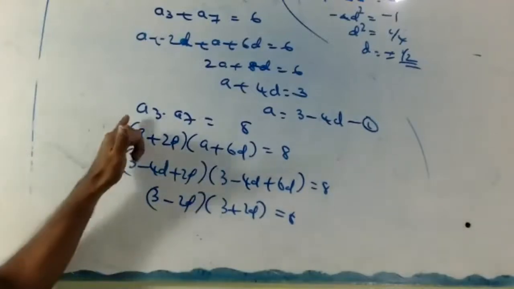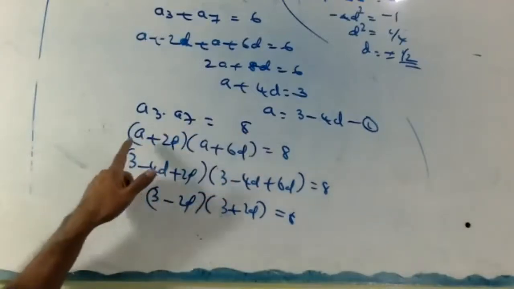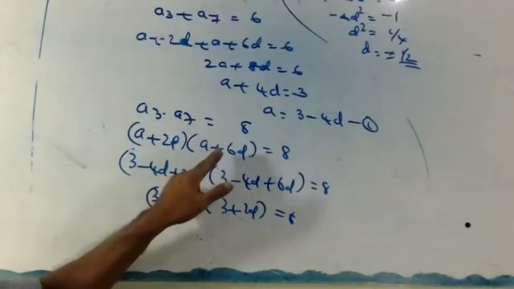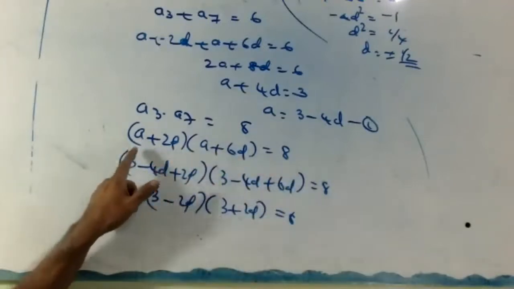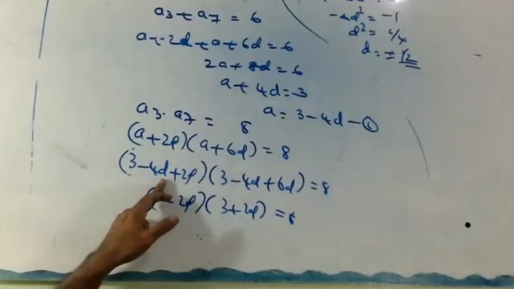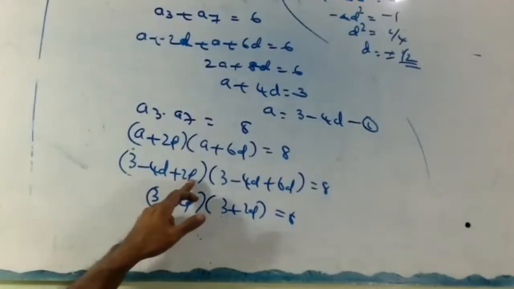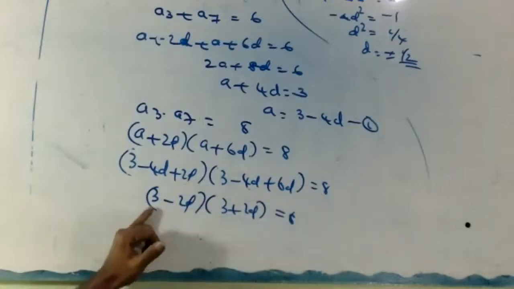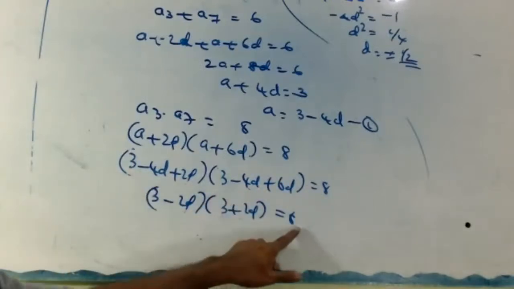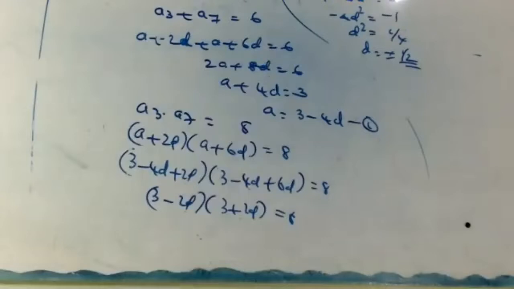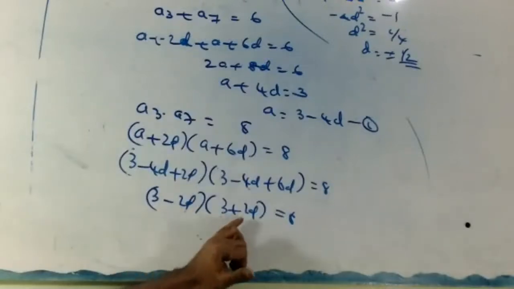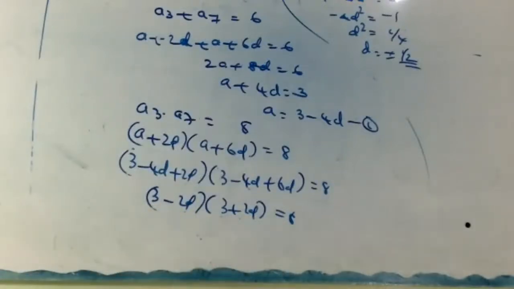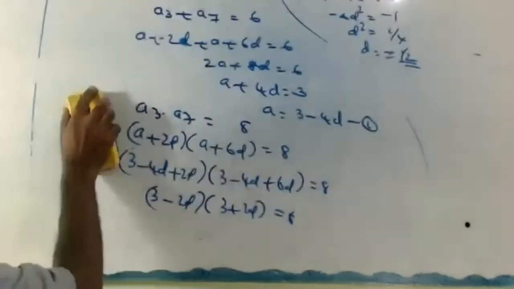Then A3 into A7 equal to 8. Replacing A with 3 minus 4D: 3 minus 2D, 3 plus 2D equal to 8. So we got 9 minus 4D square equal to 8. 3 square minus (2D) all square. So D equal to plus or minus 1 by 2.